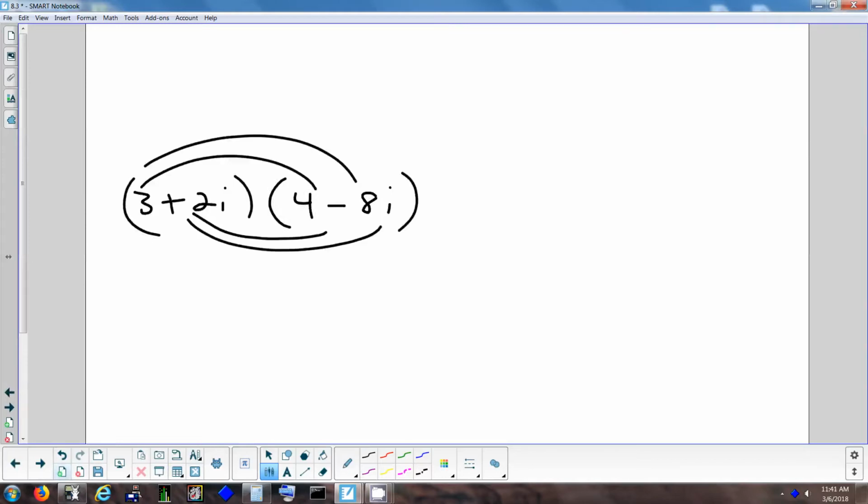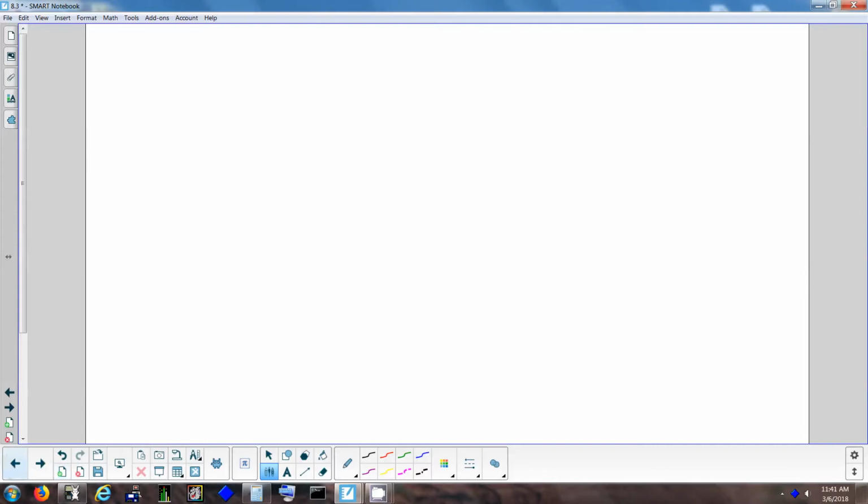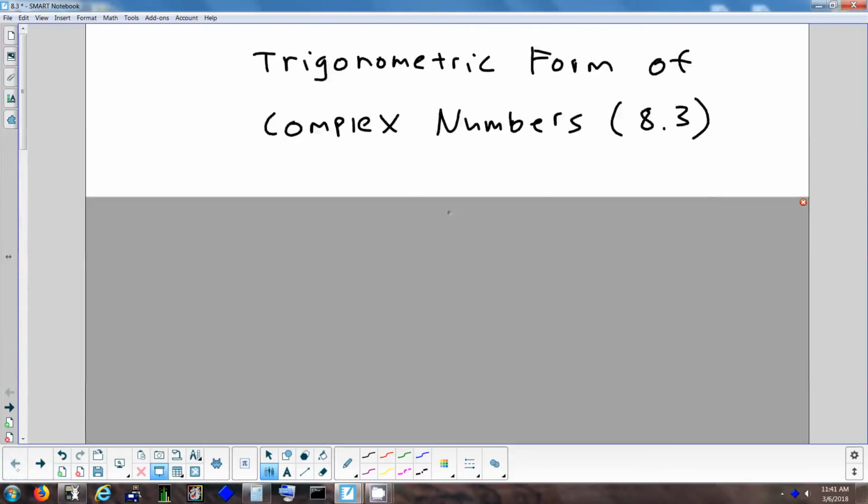Well, we can get rid of all that. We can make it so we don't have to FOIL it, and we can do things in a much shorter way. Okay, and we might have looked at a couple of these shortcuts. I think we did that shortcut back a while ago, but I'm going to show you a couple other shortcuts.